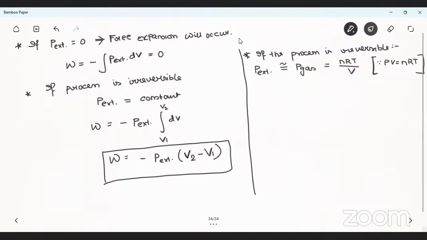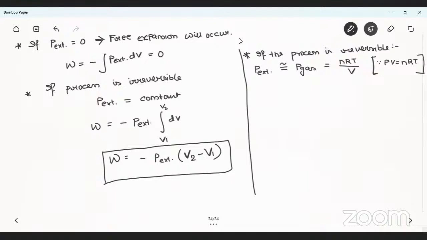If the process is reversible, then whatever is the pressure of the gas, same will be our external pressure. And for gas, we know PV is equal to nRT. So for P, that will be equal to nRT by V. So this is the thing we will be using.